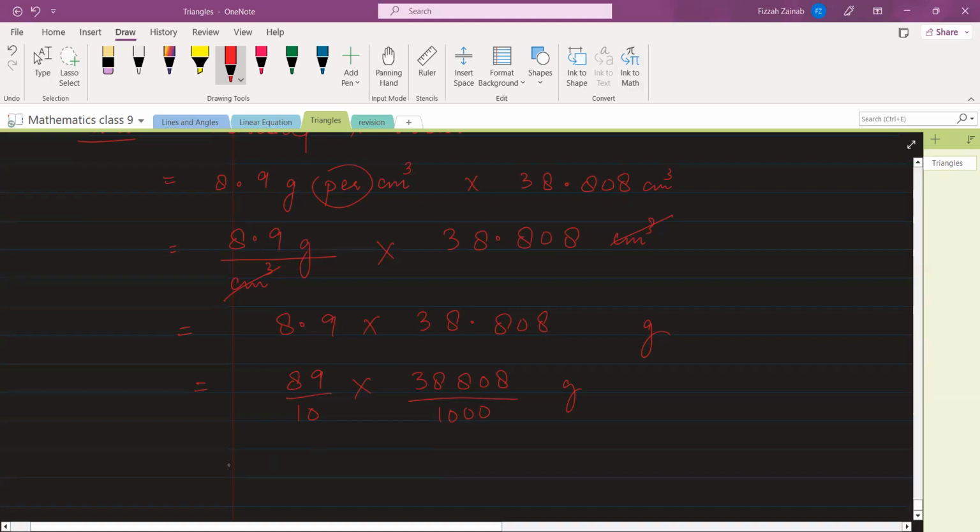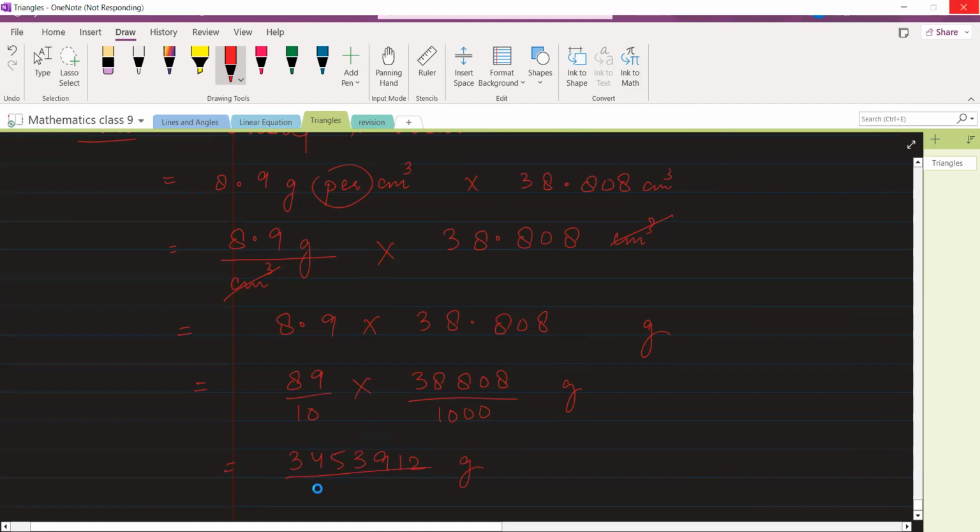Okay, so Jaslyn is getting this 3453912 grams and divided by this 1000, right?